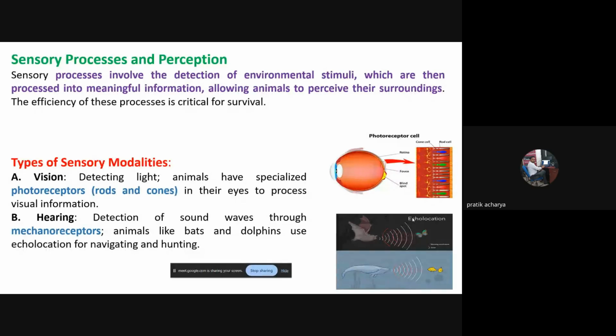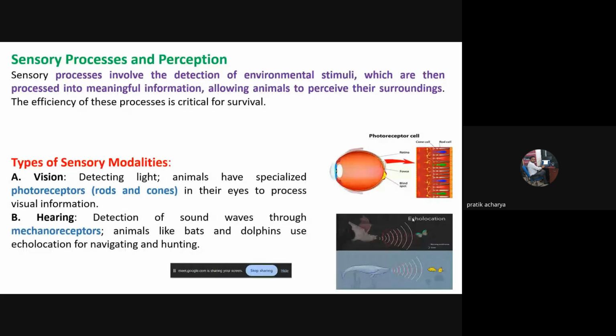The sensory processes and perceptions. This is the next part we have to discuss. So, what are the processes? It involves the detection of environmental stimuli, which are then processed into meaningful information, allowing animals to perceive their surroundings.